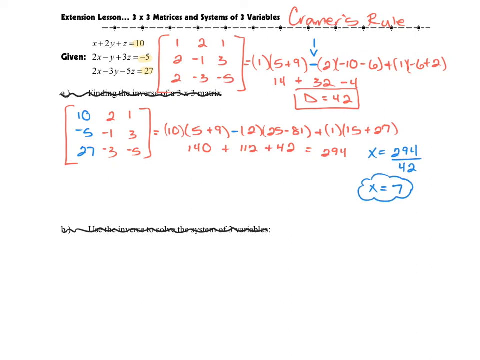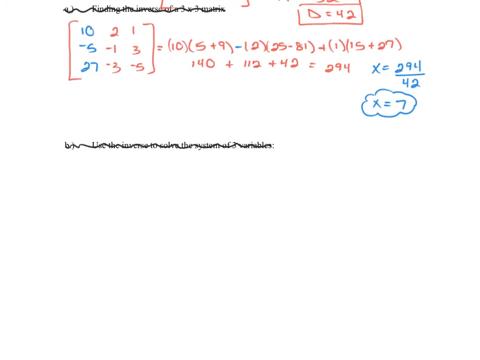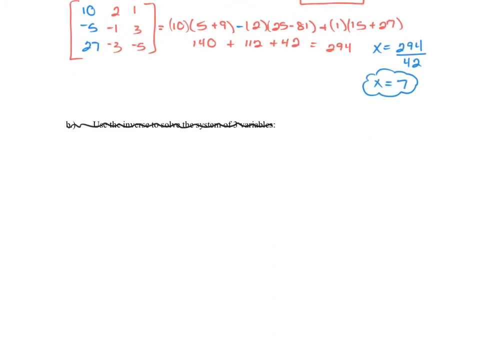Now we're going to repeat that process. This next one, we're going to solve for y. So we're going to replace the y column with the constants. So my next matrix is going to keep the original first column, 1, 2, 2. Then the second column is going to become my 10, my -5, and my 27.